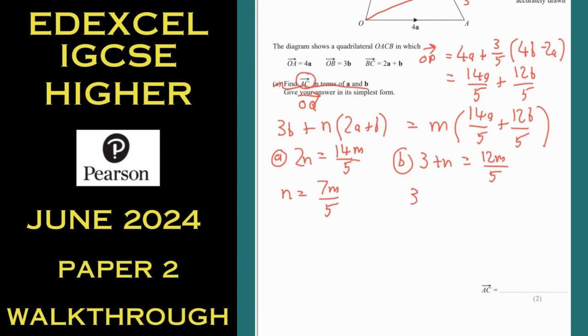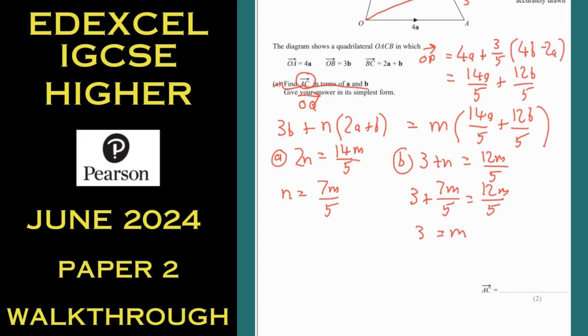So I can say that 3 plus 7/5 of m equals 12/5 of m, which looks very weird, but if you subtract 7/5 of m from both sides, you end up with 5/5 of m, which is just 1 m. So m is 3.